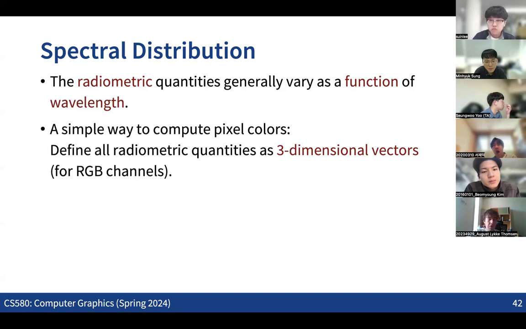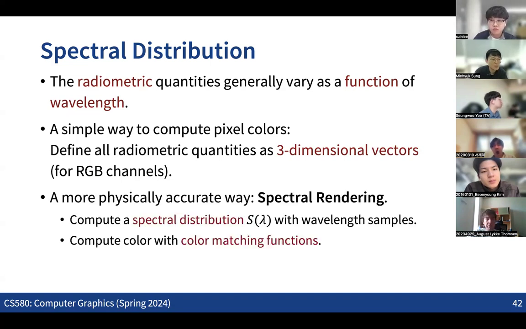A slightly more accurate way to calculate all the things would be spectral rendering, which is also the technique used in the code of the PBRT book, the textbook. What we do here is that we now have samples of the wavelengths, and we compute the radiant energy for each sample of the wavelengths.